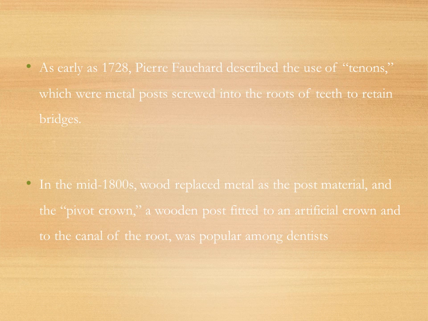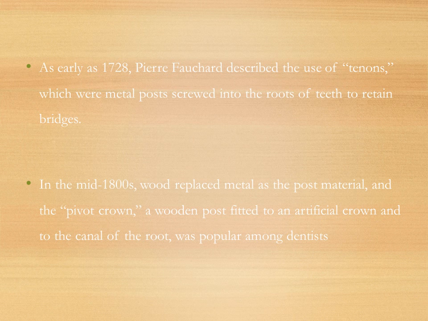And in the 1800s, wood replaced the metal, probably because they felt that the metal was weakening the tooth from within. The problem with wood is that it absorbs moisture and swells up, and that causes fracture of the roots of the teeth.